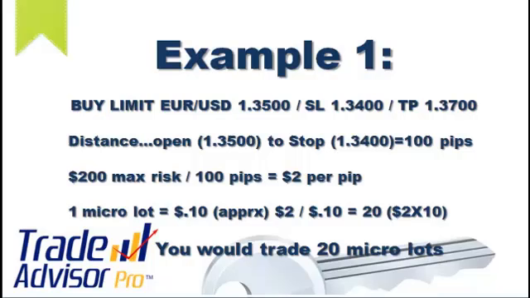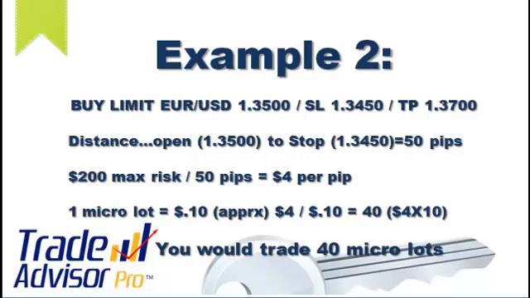Alright, so let's look at another trade example. Almost the same trade, a little bit different. This one says we're going to buy the euro at 1.3500, but our stop loss is 1.3450. So we're using only a 50 pip stop. The difference between 1.3500 and 1.3450 is 50 pips. So we are going to take our same $200 maximum risk, and now we're going to spread that between 50 pips.